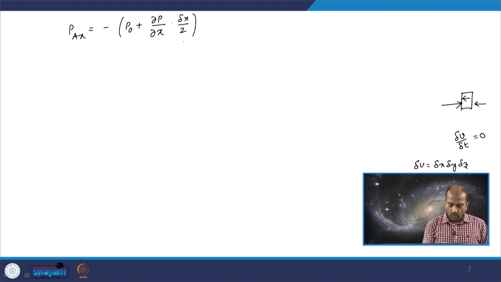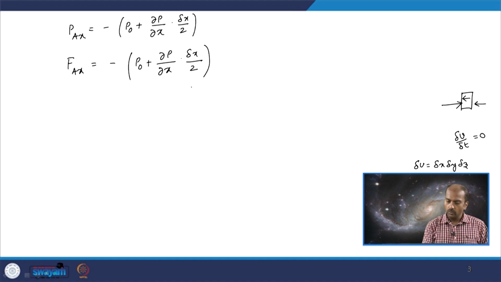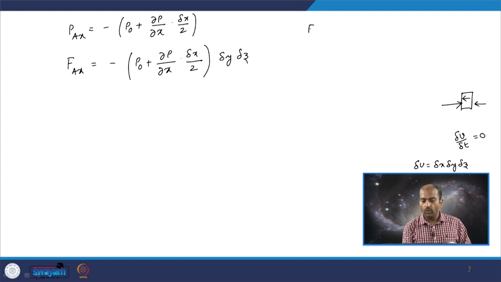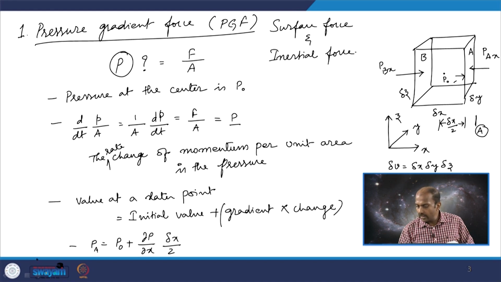Now, similarly, this is the pressure, the force that is acting here, since you have a unit area, is simply minus P naught plus dou P by dou x into delta x by 2 times delta y delta z, because force is equal to pressure times area. The area that is relevant here is delta y and delta z.